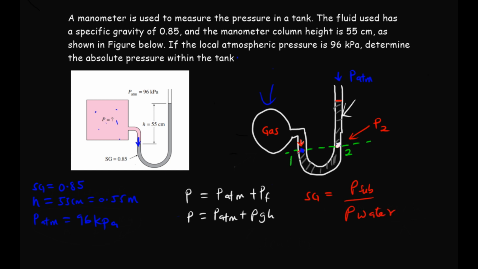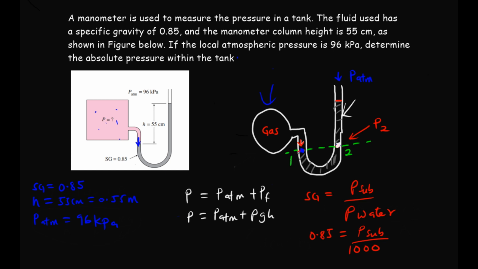In this case, you've been given the specific gravity of the manometer fluid, which is 0.85, and that will be equal to the density of the substance over the density of water. The standard density of water is given to be 1000 kilogram per meter cube. So let's take note of this. That will be divided by 1000.